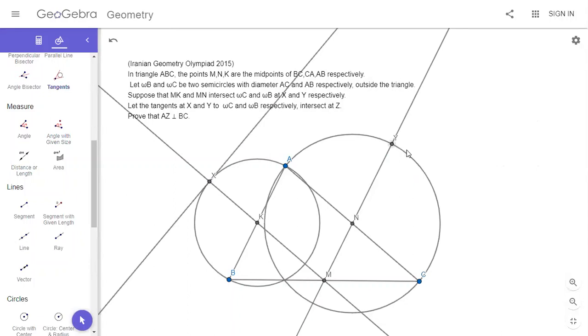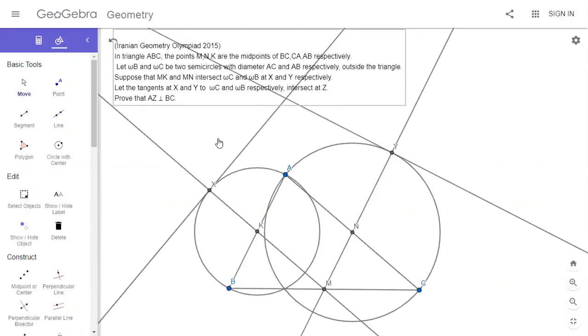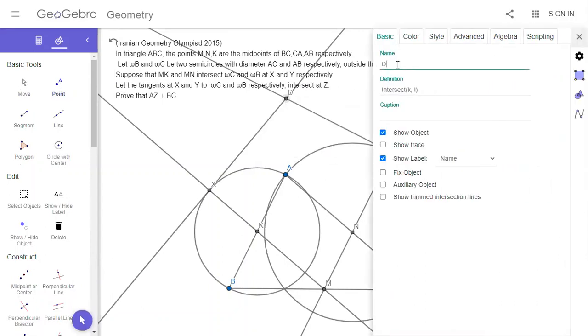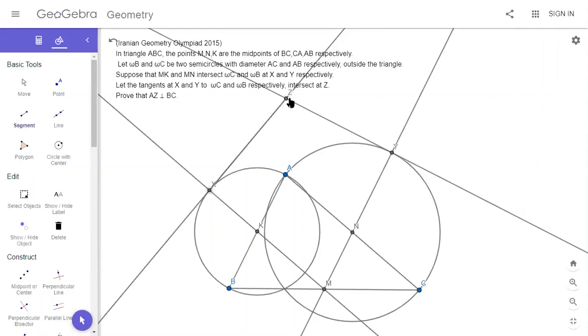And they meet at Z, and we want to show AZ is perpendicular to BC. Kind of interesting, right? So this guy, I'll call it Z. And let's erase some of the extra lines. Hide, hide, hide, hide.